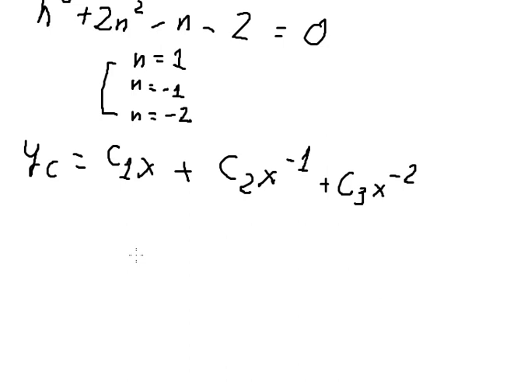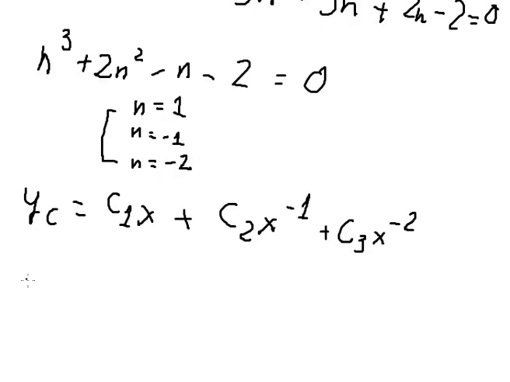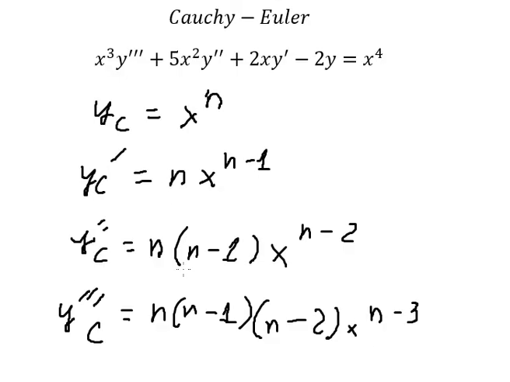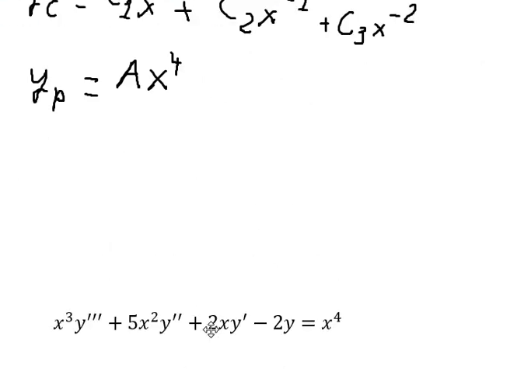And now I will go to the particular solution. We see that we have s to the power of 4. That means we need to put y_p equal to A s to the power of 4 in here. Now for this one, we need to find first the derivative of y_p.